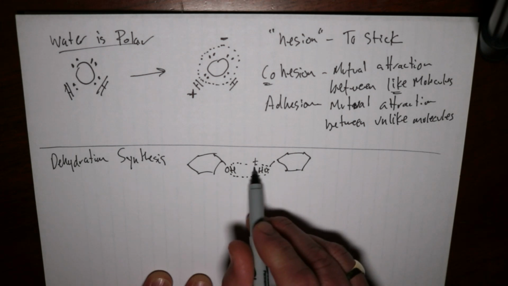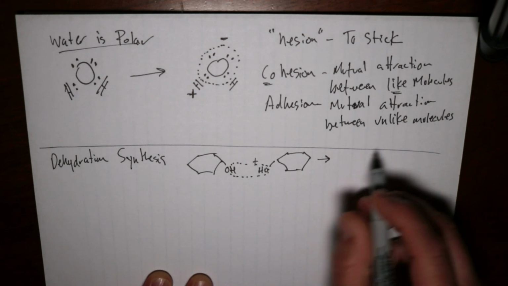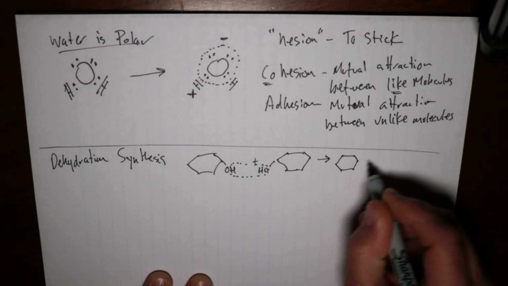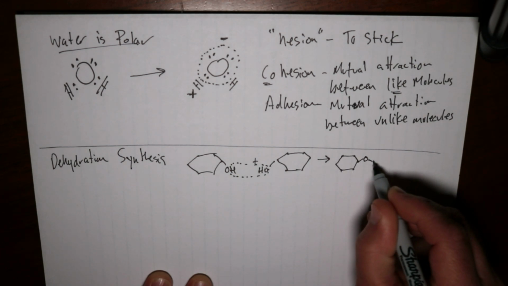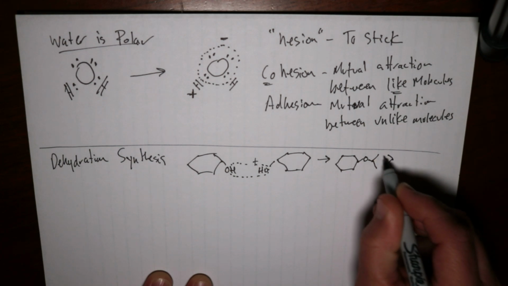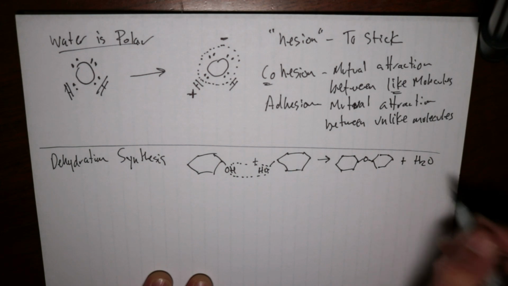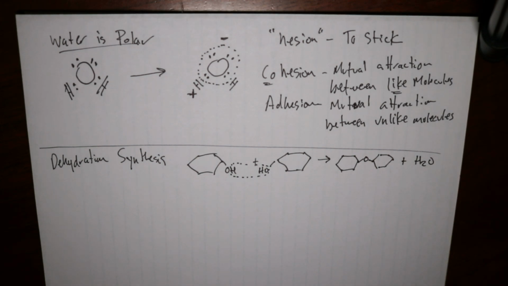So if we take this molecule and add it to that molecule, what we get is a molecule that looks like this, right? Plus H2O. So plus water coming out. That's dehydration synthesis. So we took water out to put it together.